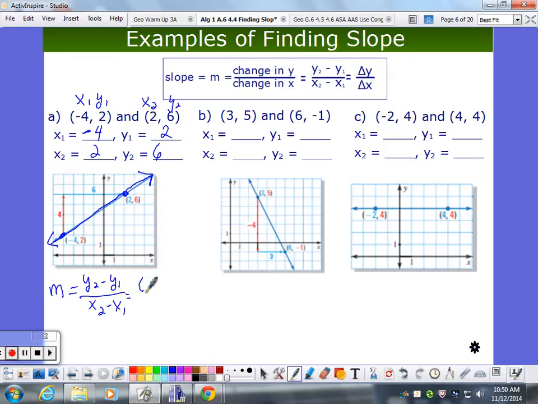What's y2? This. What's y1? Now I need x2 minus. Okay, now look at this. X1 is -4. These are subtractions. Be careful, and I'm writing it down, which means you should too.